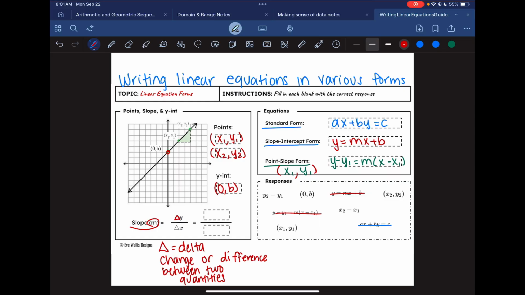All right, and that is going to be our y2 minus y1 over x2 minus x1. You may have learned to solve for the slope using y2 minus y1 over x2 minus x1.